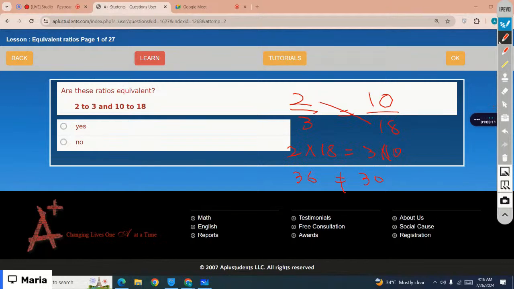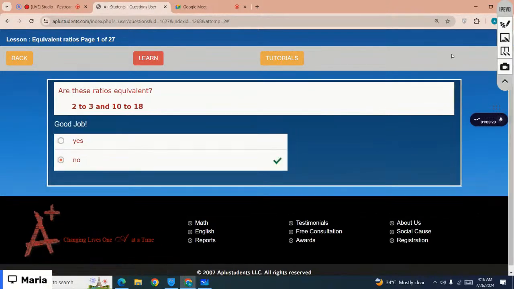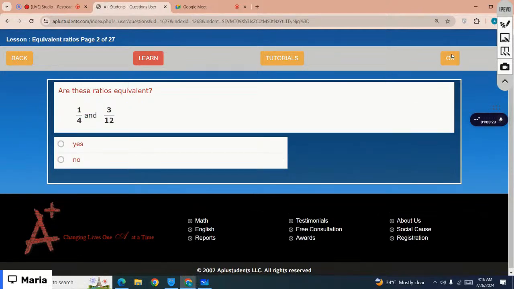Okay, let's start with the next one. 1 over 4 and 3 over 12. Let's see if they are equivalent, right? 1 over 4 and 3 over 12.